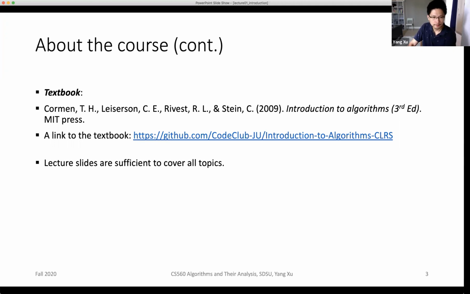The contents of the slides provided will be based on the textbook. But I think the slide contents are sufficient to cover everything you need to know in order to complete the assignments and quizzes and exams. Okay, but reading the textbook will be very helpful. The textbook covers much more details.